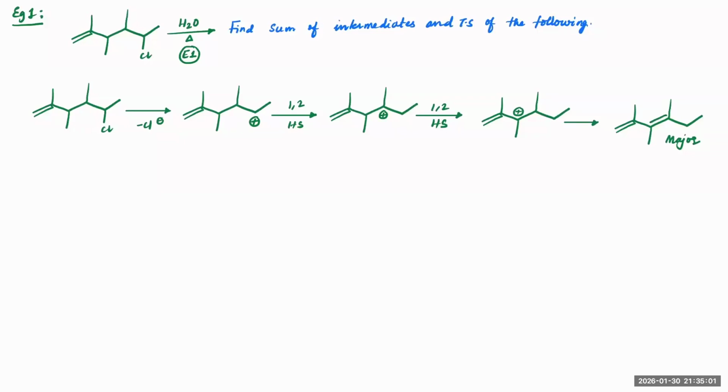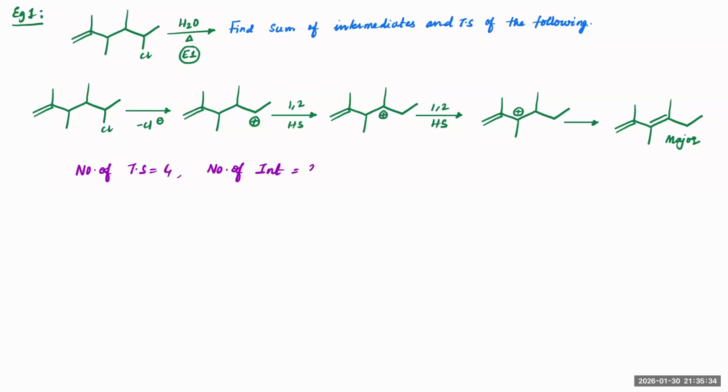Now you know that between the intermediate and the reactant, there will always be one transition state. So this is TS1, TS2, TS3, and TS4. The transition states are basically the number of arrows that you write. So the number of transition states is 4, and the number of intermediates will be 1, 2, 3.